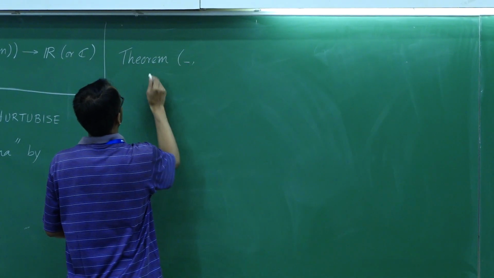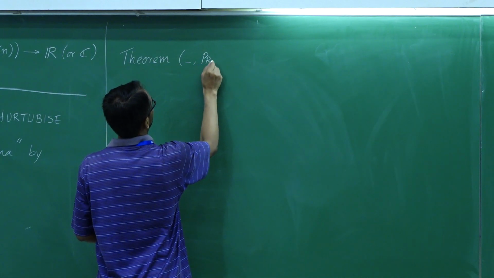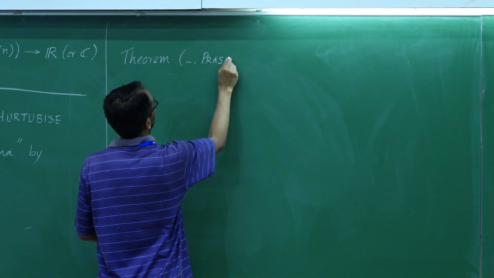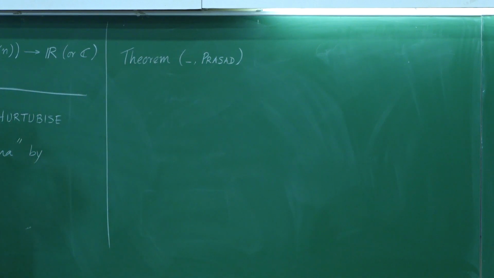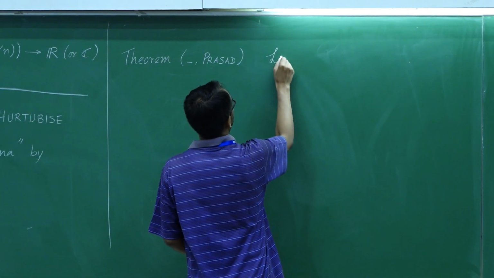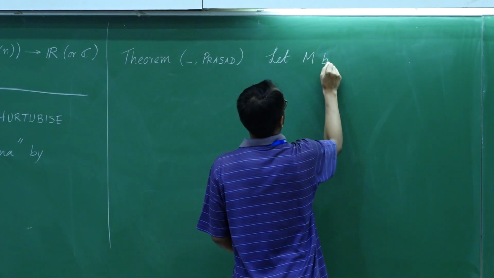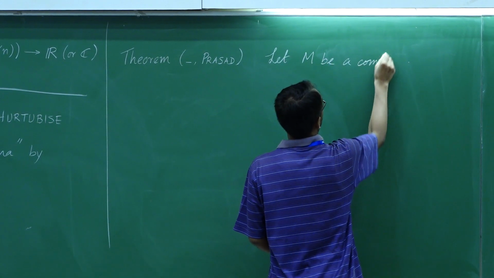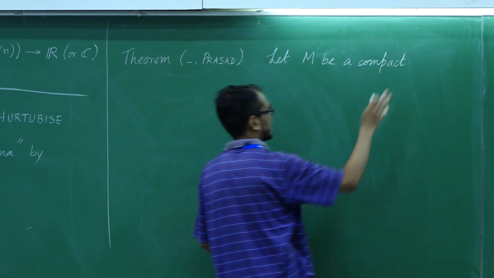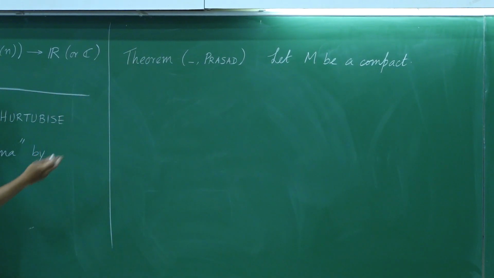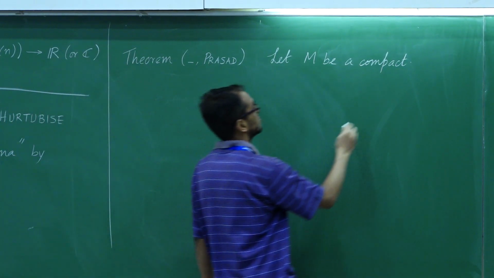Yeah, so this is drawing for Satchidanand Prasad. So this says that whenever I say compact again, it means closed without boundaries, like in the case of Leibniz theorem.